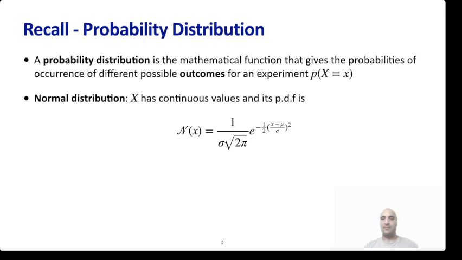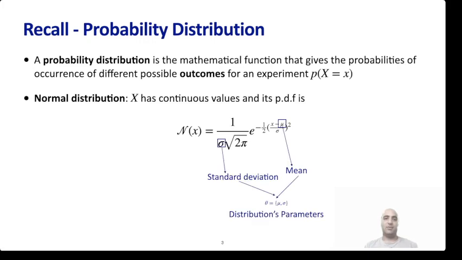Here we have sigma and mu. What are these parameters? Mu is the mean of the distribution, and sigma is the standard deviation of the distribution. We refer to mu and sigma as the parameters of the normal distribution.